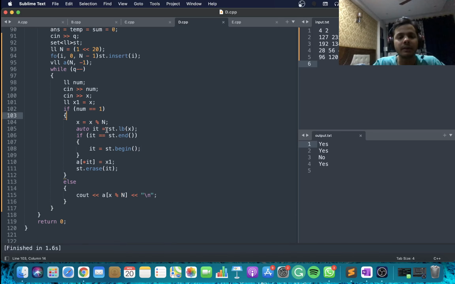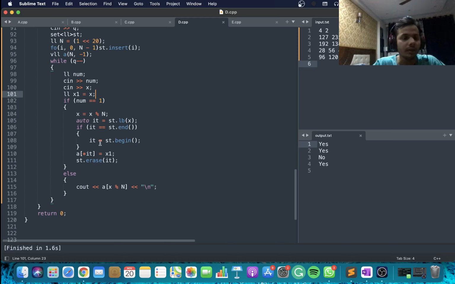But in case 1, what is happening is I am first finding the lower bound. It is storing the lower bound of x. But if it is st.end, that means that the lower bound doesn't exist, then it will just be st.begin, because then it will be the first index of my sequence, which will be -1. And after that, I can simply change the value of the element which is at the position *it to be x1, where x1 is just equal to x, and that can be accessed through *it.